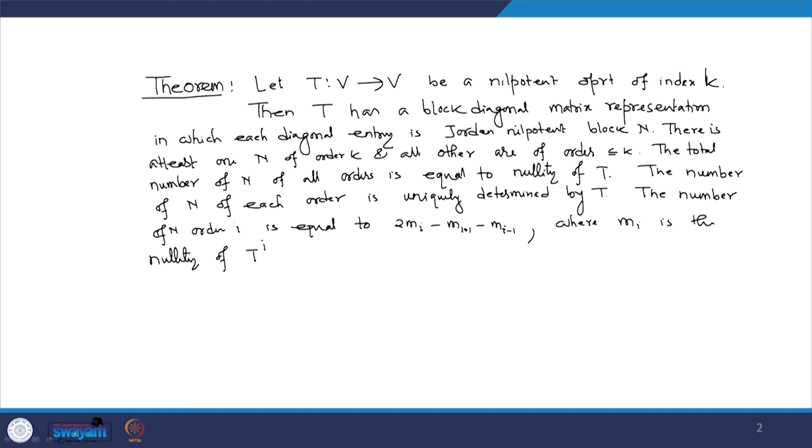Based on this concept, one can have a block diagonal matrix representation of a nilpotent operator.